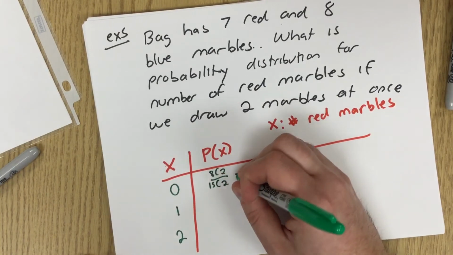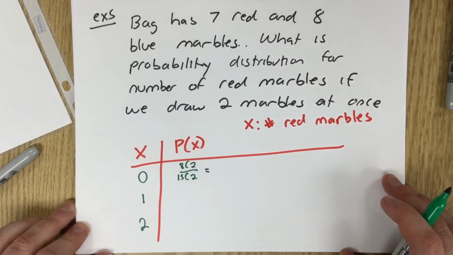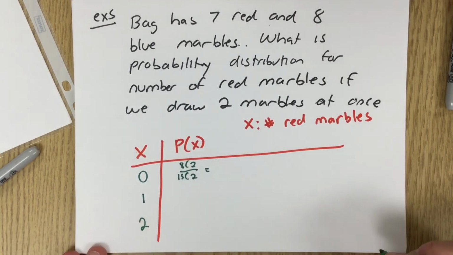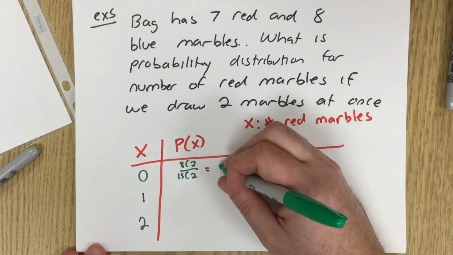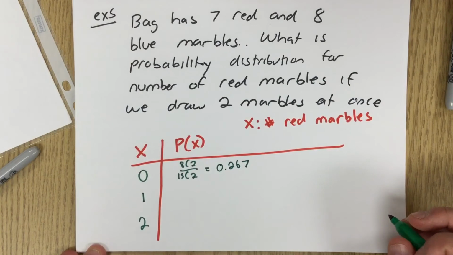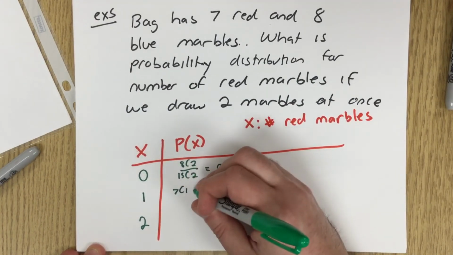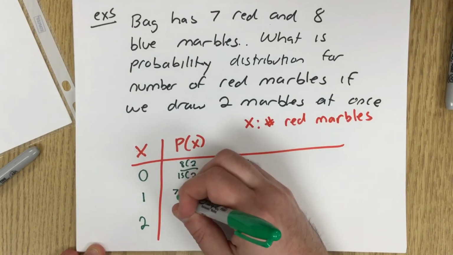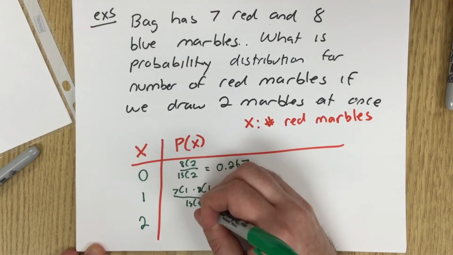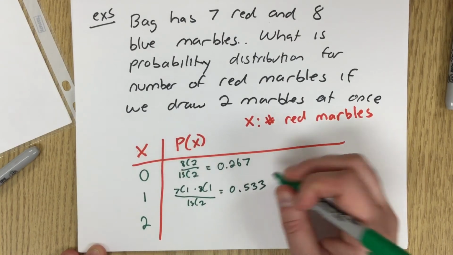If you don't remember how to do this, you might want to refer to one of the probability videos, probability using counting techniques. If you type this in, that ends up being 0.267. For this one, we're going to choose one of the red ones and one of the blue ones, and that is 0.533.